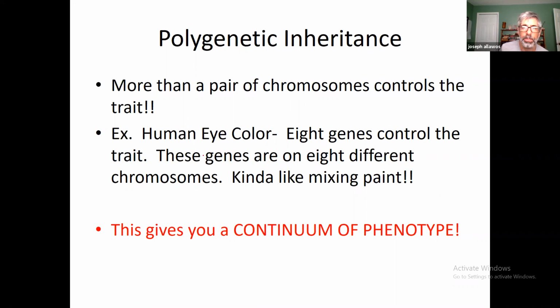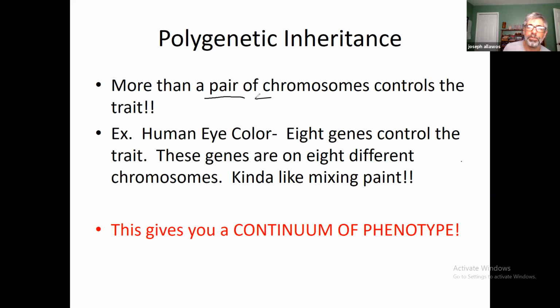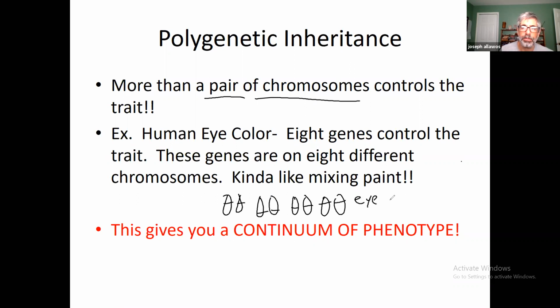Okay, so what we're looking at now in the last unit is called polygenetic or multiple factor inheritance. And in this case, you have more than a pair of chromosomes controlling the trait. And a good example of that is human eye color, where it's like this: 1, 2, 3, 4, 5, 6, 7, 8 different chromosomes, 4 homologous pairs, all have a gene for eye color.